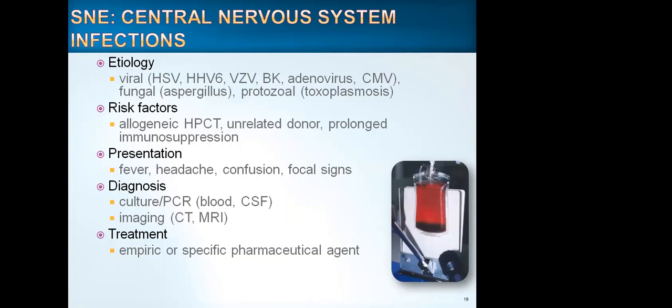Risk factors again: allogeneic HPCT, unrelated donor, and prolonged immunosuppression. Presentation: the patient will have fever, headache, and confusion. Diagnosis: we may do cultures, PCR studies, and imaging. Treatment: empiric and specific pharmacologic agents. If fungal infection is there, we have to use antifungals, and antivirals likewise.